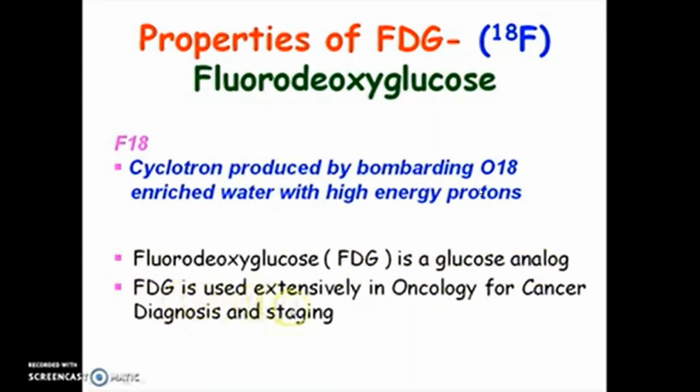This FDG is used extensively in oncology for cancer diagnosis and staging. It is an ideal component and gives excellent biological information, otherwise called functional information, because it is involved in glucose metabolism.